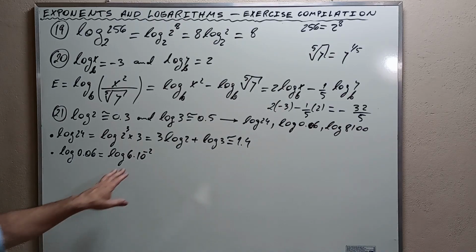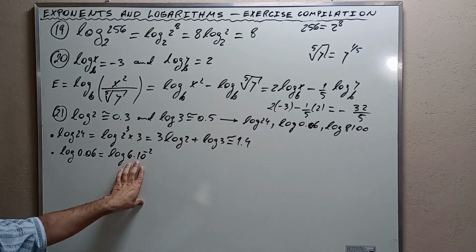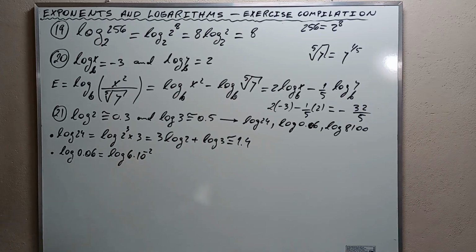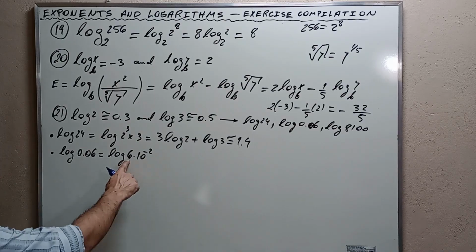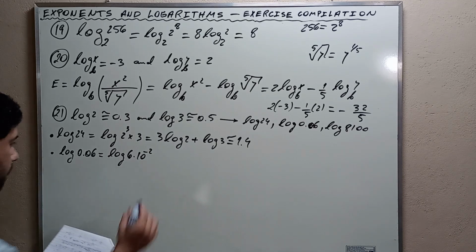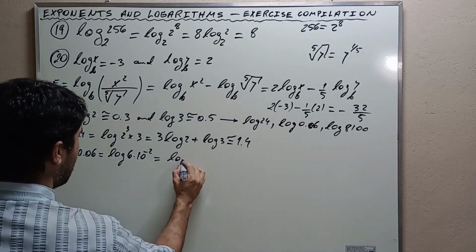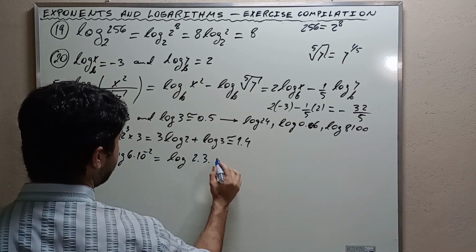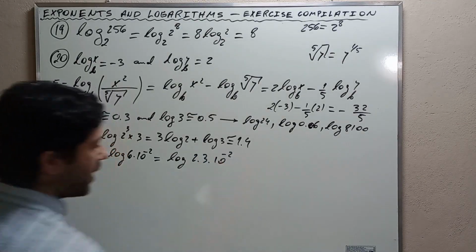You choose the way you speak this. Some people say 6 times 10 to the negative 2. Other people say 6 times 10 to the power of negative 2. And observe that 6 is equal to 2 times 3. Okay, we put the logarithm of 2 times 3 times 10 to the negative 2.